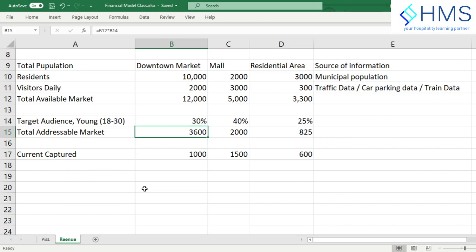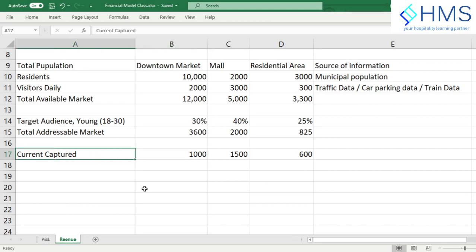Maybe out of this total addressable market, you may say, okay, I may expand my market to the total available market, meaning try to capture every one of them. But that's a different strategy, and that's a different course to understand what those strategies are and how we can build that. We stick to the financial model here for the time being.